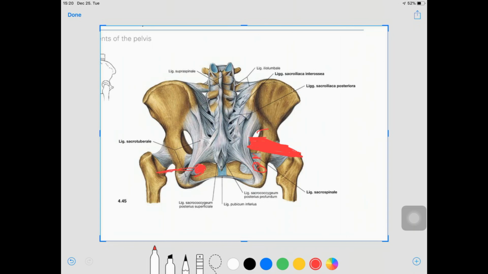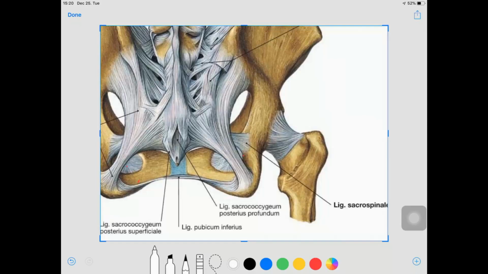But the thing is that the piriformis muscle is not there alone to form the posterior lateral wall, because you've got piriformis muscles on each side, and there are also ligaments, which you would mention. The ligaments which are forming the posterior lateral wall, you already know them actually. Sacrospinous ligament and sacrotuberous ligament. So sacrotuberous is this guy, sacrospinous is this guy.